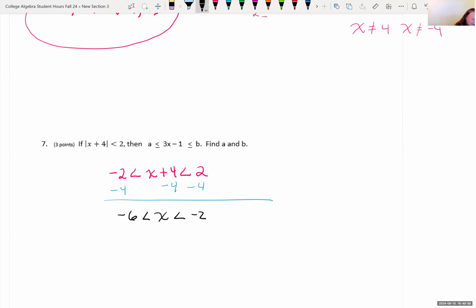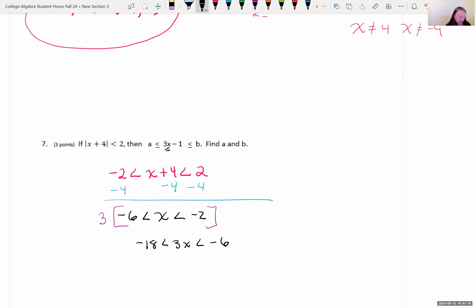I notice I want a 3x. So I notice I can multiply everything on each side of the inequalities by 3. Doing so, we would get negative 18 is less than 3x is less than negative 6. I also notice that I want 3x minus 1 in between those inequalities.